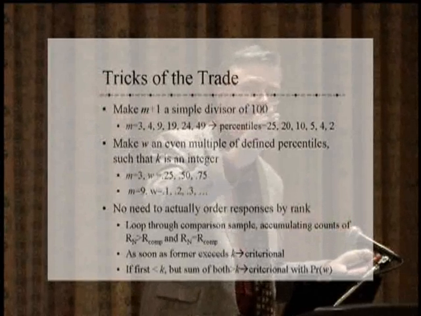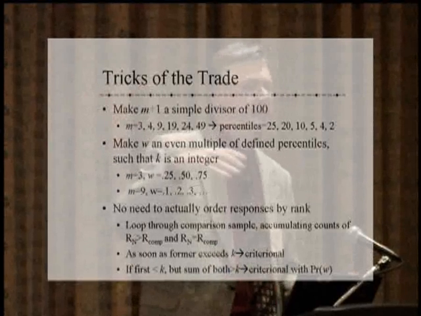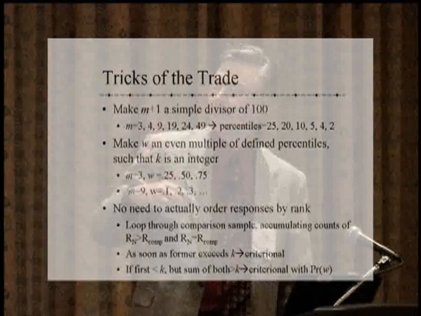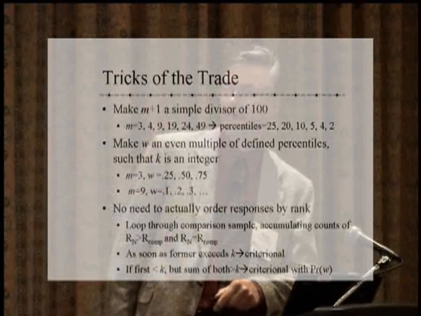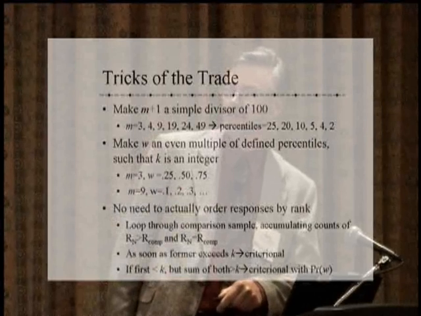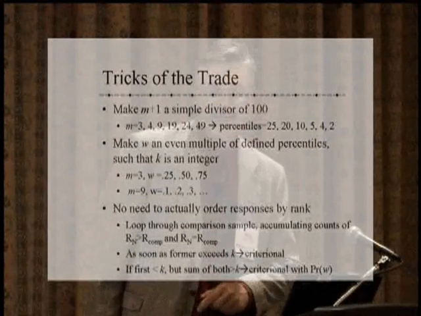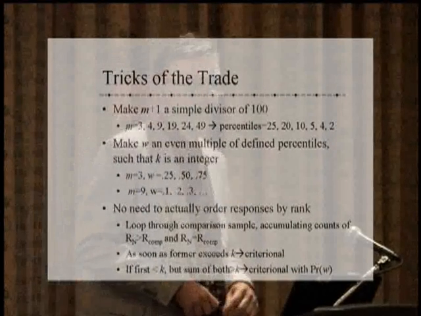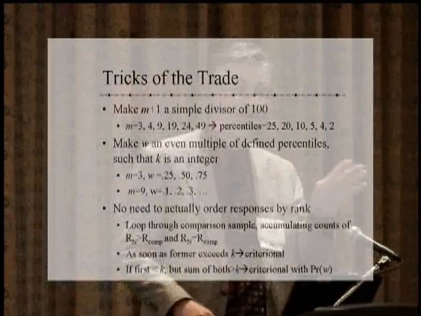If the first counter ever gets to be greater than k, it's criterion and you can stop. If you go through the whole memory and the first counter is still less than k, but the sum of this counter and this counter is greater than k, then it's a criterion response with the appropriate probability. And if it doesn't beat k, it's not criterion.